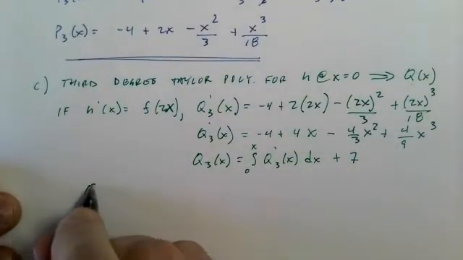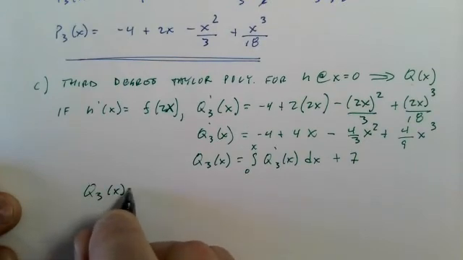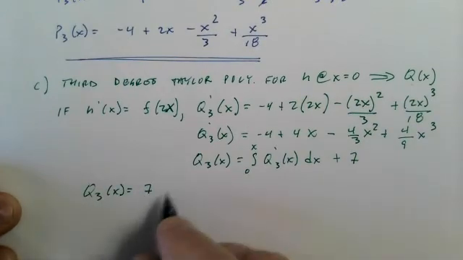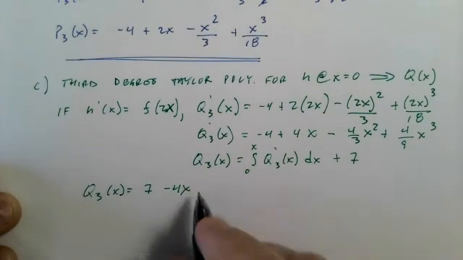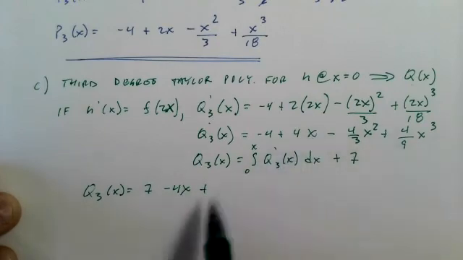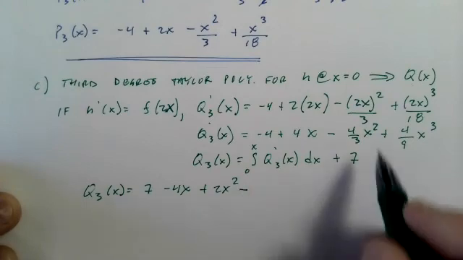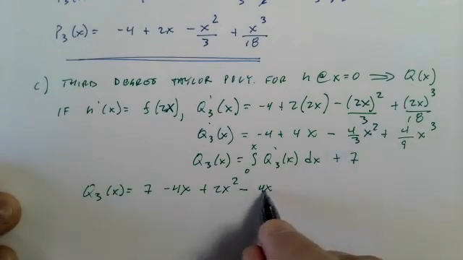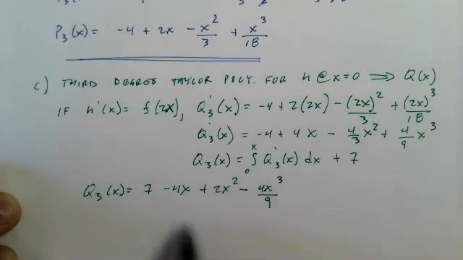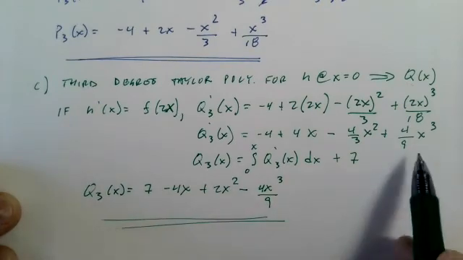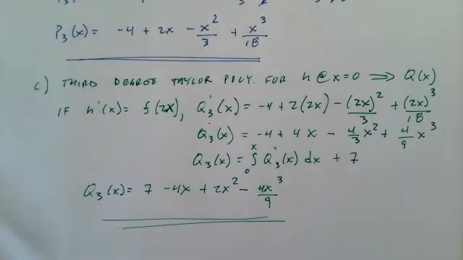So Q3 of x equals 7 minus 4x plus 4x squared over 2, so 2x squared, minus 4x to the third over 9, and we're done because it's only 3. I don't care about the last term. That is one way to do it. See if I can quickly do the other way.